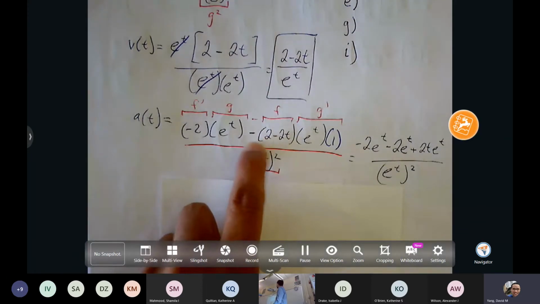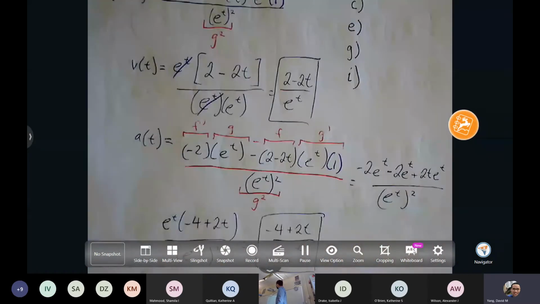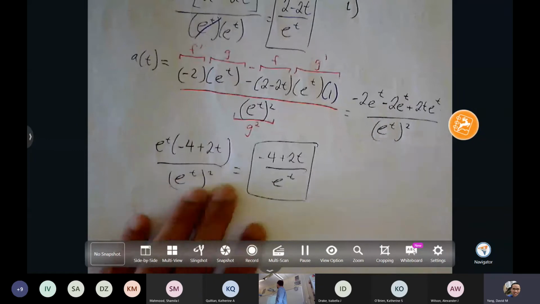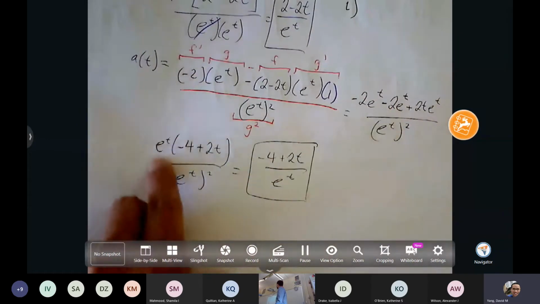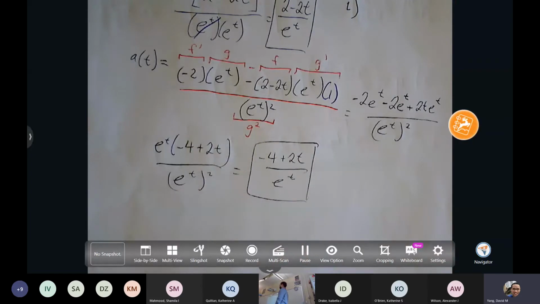Distribute the negative 2 through and multiply with e to the t. We see some like terms there. Combine like terms, factor out e to the t. Again, one of the e to the t's can match and go away between numerator and denominator. Any questions there?